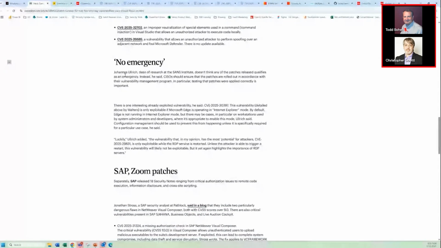The no emergency section down here kind of talks a little bit about this as well, talking about the different vulnerabilities that are being exploited this month. We're going to talk about these in a second here. 4 out of 5 of them, the way Microsoft describes them, and the fact that there aren't any large-scale threat actor or ransomware ties or malware ties for these, the 5 vulnerabilities that were exploited this month are pretty localized in their impact.